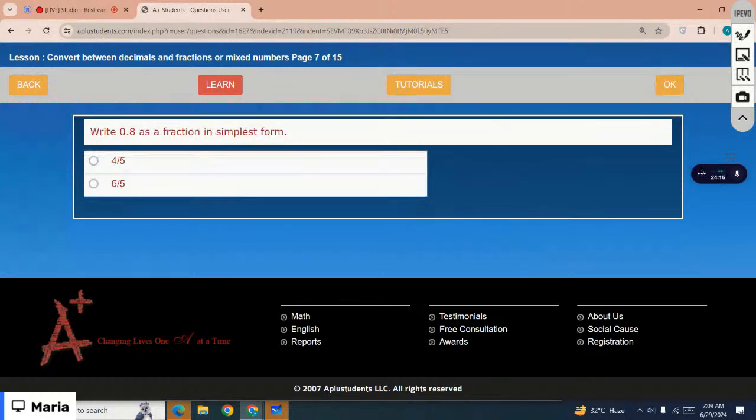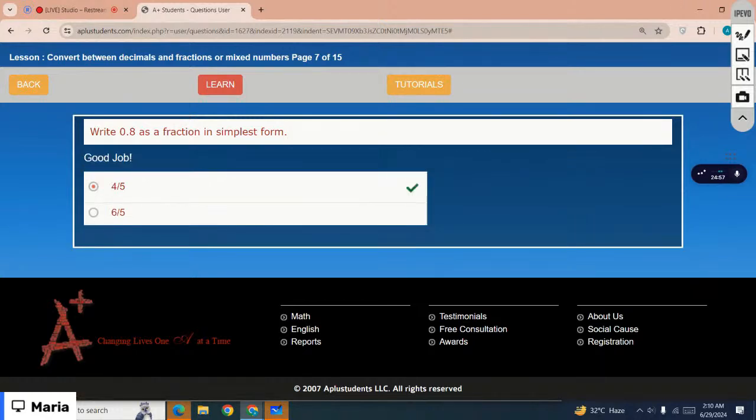Write 0.8 as a fraction in simplest form. So which is the correct option? That is 4 over 5.